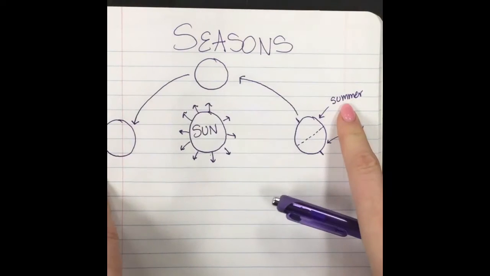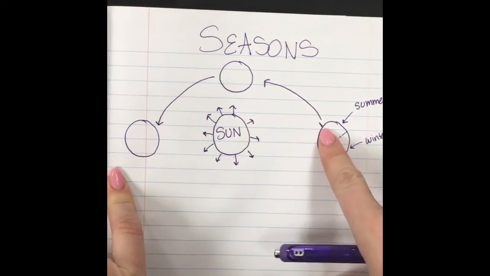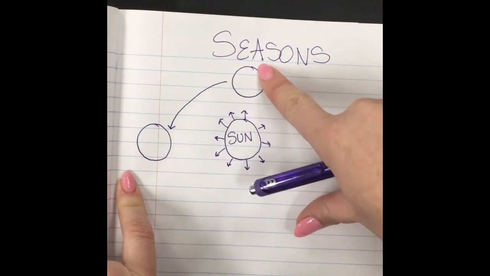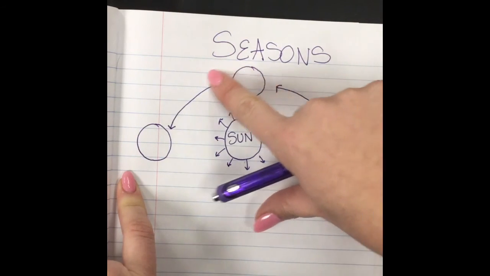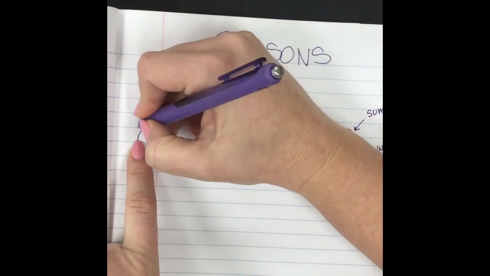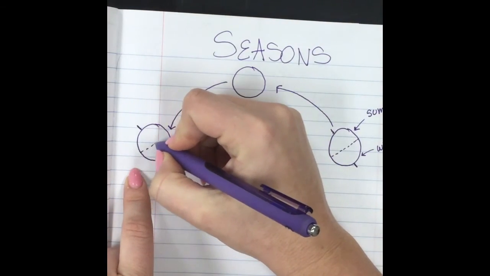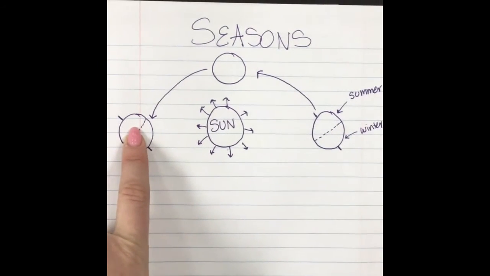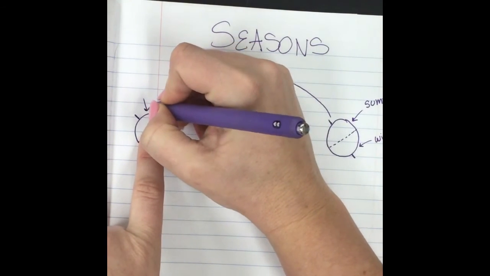Now, summer for the northern hemisphere has to tilt toward the sun, but our axis doesn't ever change directions as it's rotating. So whatever direction our axis is pointing, it's going to keep pointing that direction. So if I bring that over here, that means my axis is still facing the same way. So now the northern hemisphere is tilted away from the sun, which means we're going to be experiencing winter.